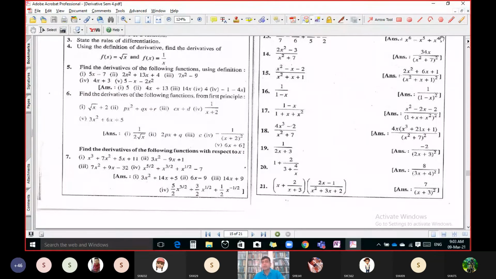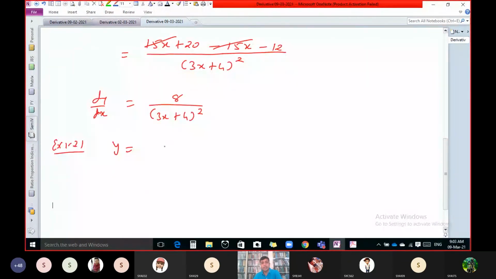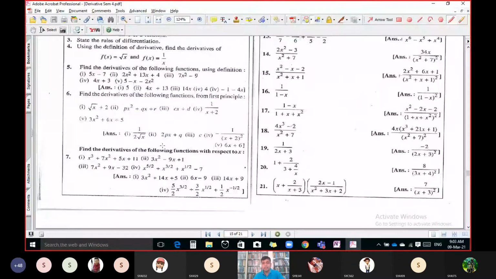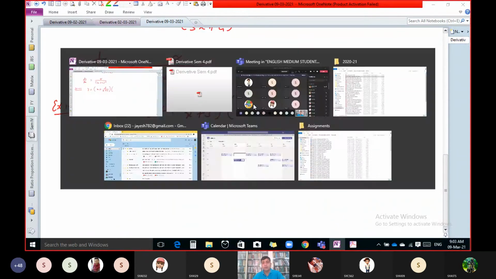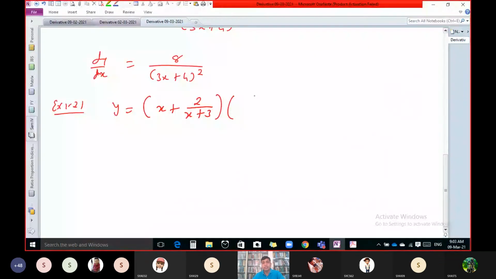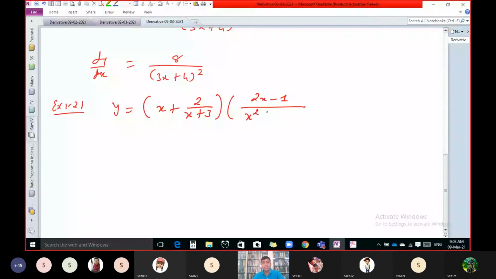Let us do question number 21. y equals, in the first bracket, x plus 2 upon x plus 3, and in the second bracket 2x minus 1 in the numerator and in the denominator x square plus 3x plus 2.